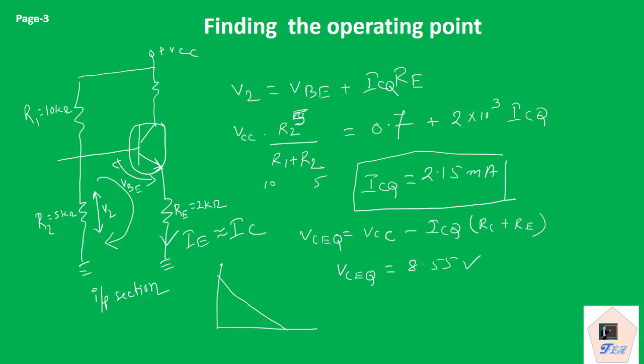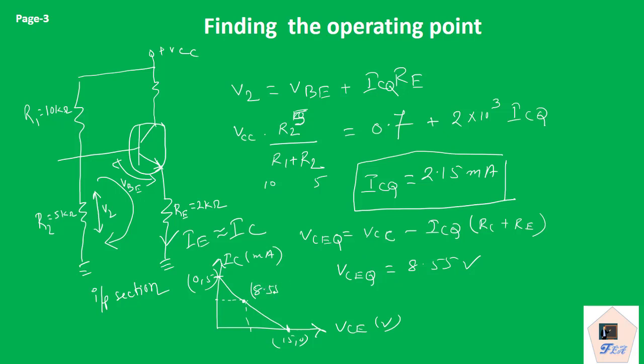As a result, now we can draw the DC load line. This is IC in milliampere, this is VCE in volt. Here we have the 15 comma 0 point, and here we have the 0 comma 5 point, and somewhere here we have the operating point, where ICQ is 2.15 and VCEQ is 8.55 volts.